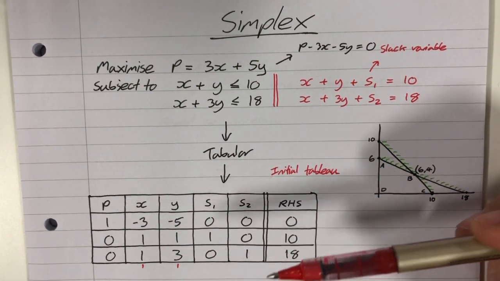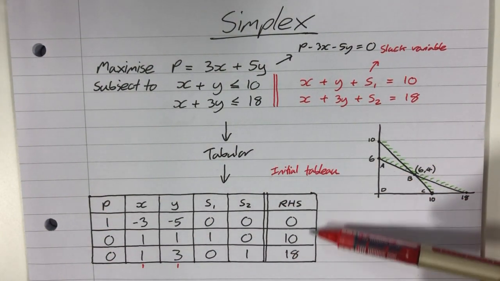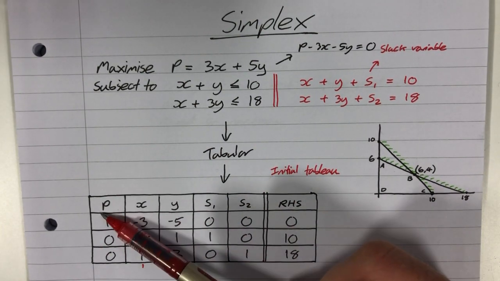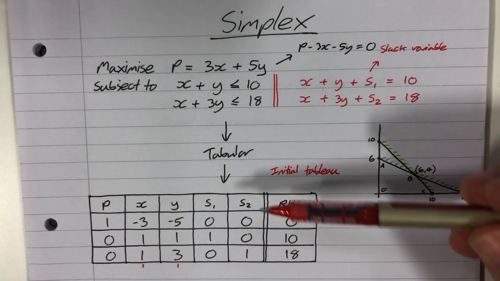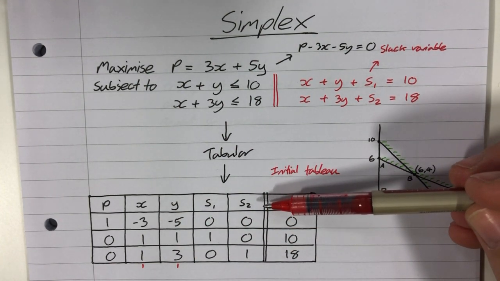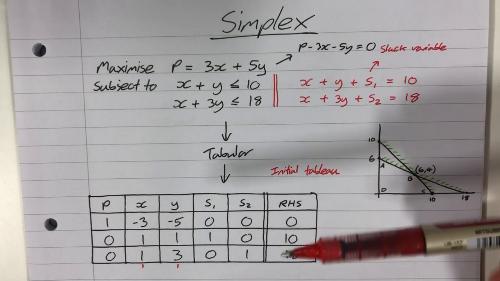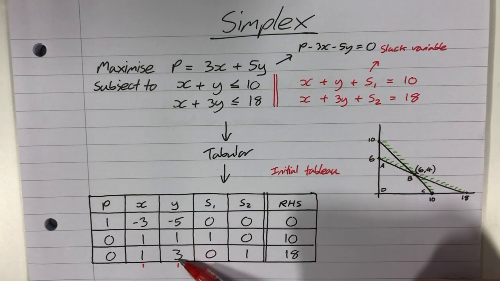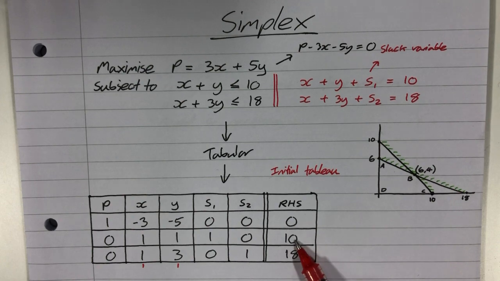What this system represents is essentially three equations in 5 unknowns. So 1, 2, 3 equations, 1, 2, 3, 4, 5 unknowns. So we have what's called 2 degrees of freedom. We can choose 2 of those columns to be whatever we want. So in this case, it makes sense to choose x and y to be 0. That leaves us with p equals 0, s1 equals 10, and s2 equals 18.